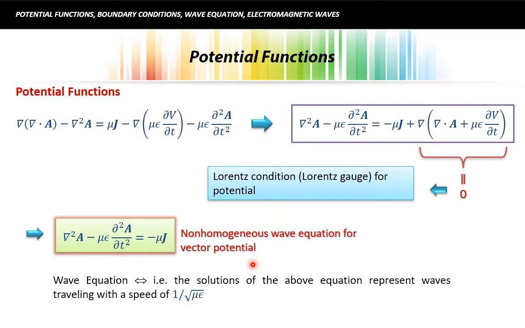It has the form of a wave equation. That is, the solutions of this equation represent waves traveling with a speed of 1 over square root of mu epsilon.